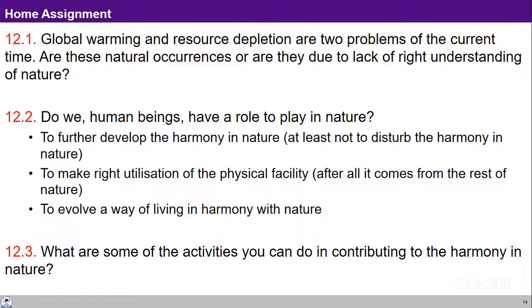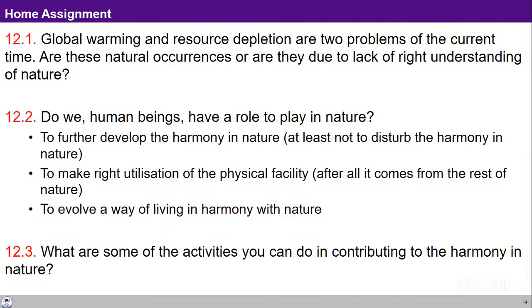If I'm aware of my need of physical facility, I won't be exploiting nature. So this way, I can evolve a way of living in harmony with nature. So let us think about this, and according to each of these indicators, we can prepare our own action plan for living in harmony with nature.